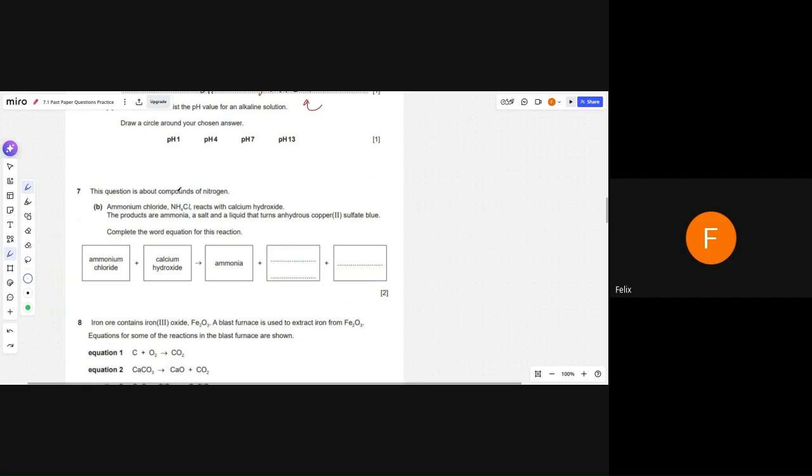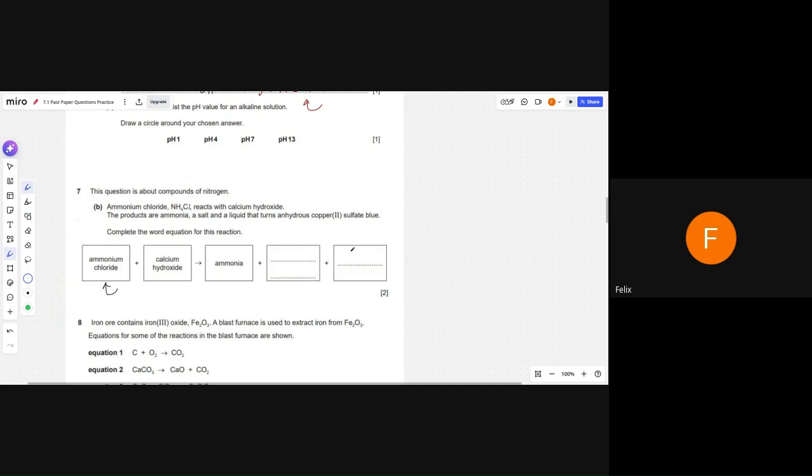Okay, this question is about compounds of nitrogen. Remember, whenever an ammonium salt, ammonium chloride, that's an ammonium salt, reacts with a base, calcium hydroxide, that's an alkali, ammonia will be produced, and then a salt and water will be produced.